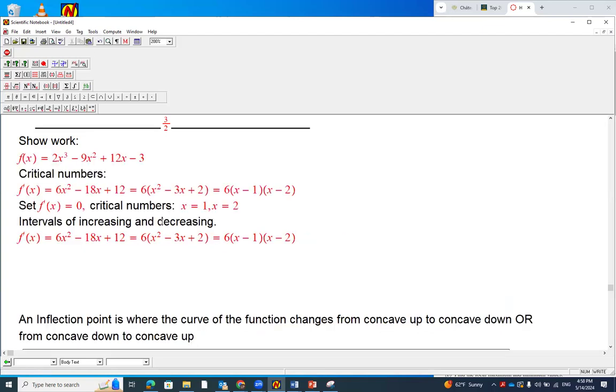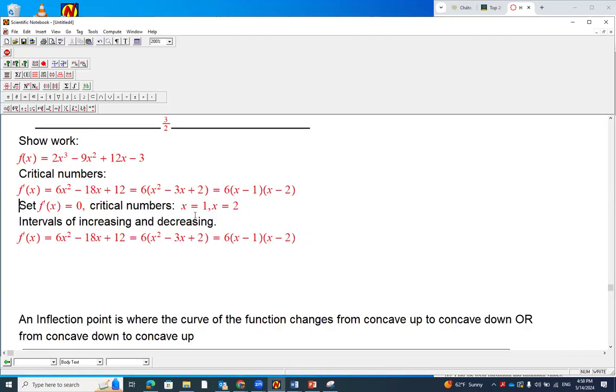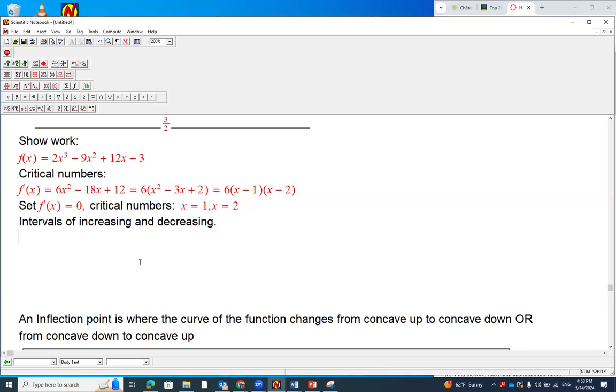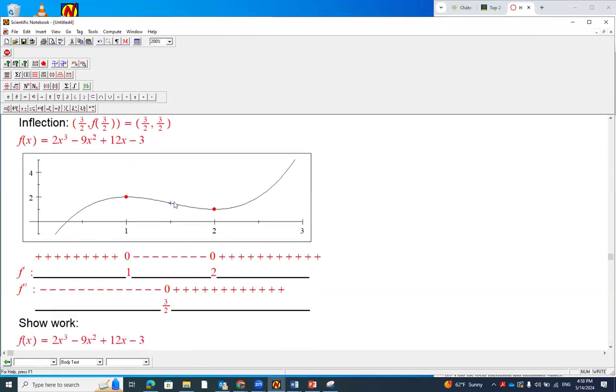Over here, remove this piece. You don't need that. Okay, the function, first order derivative, and I'm also going to do the second order derivative right there.